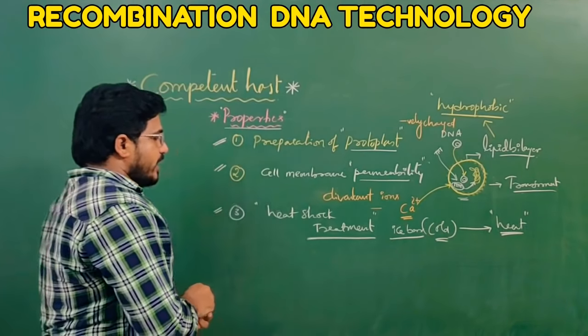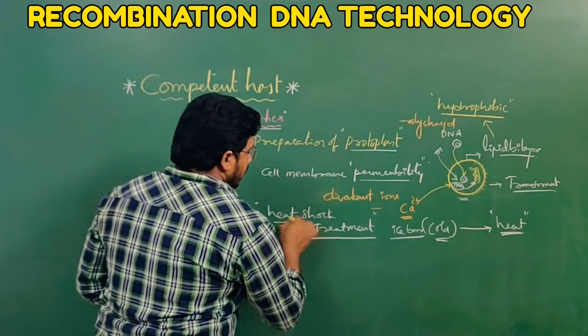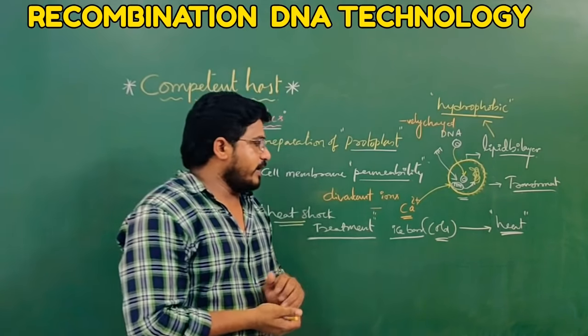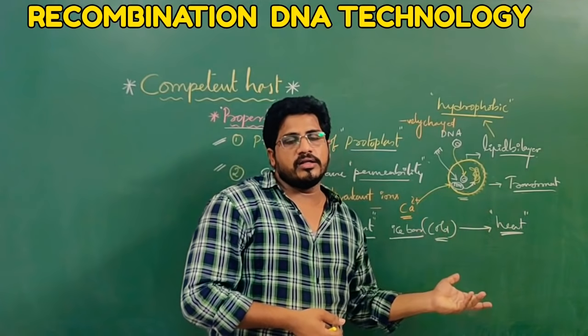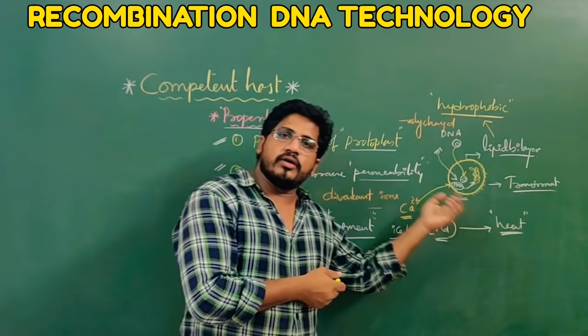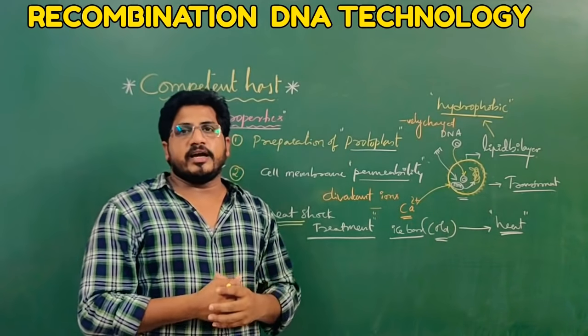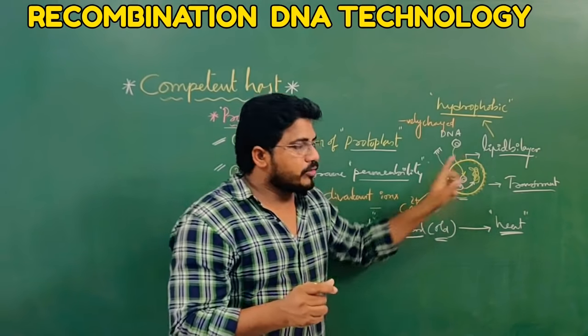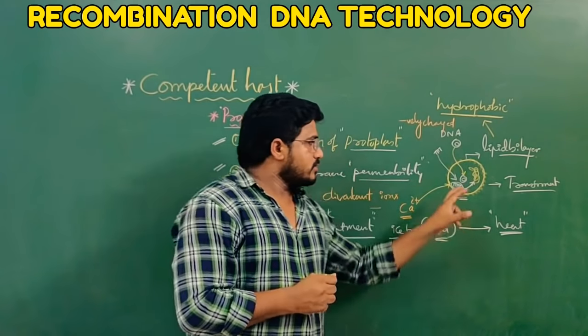Sometimes the host is also capable of bearing and surviving conditions like fluctuation between heat and cold. We change from the heat environment to cold, from cold to heat, repeatedly, to insert the vectorless gene into the host genome.